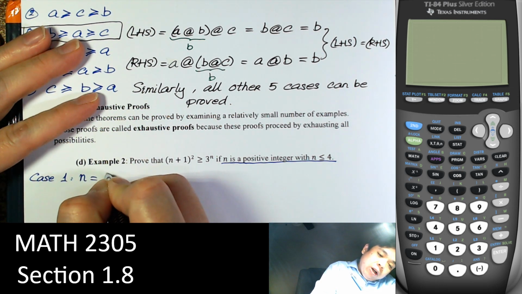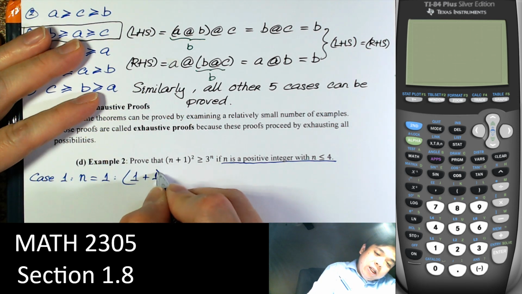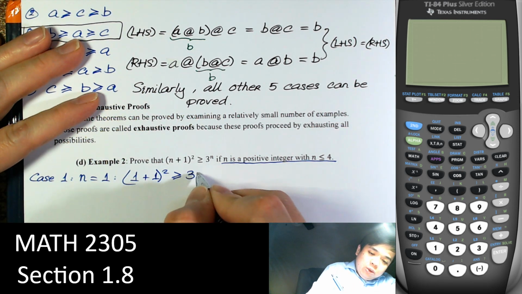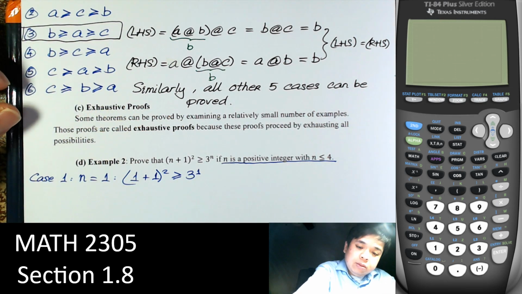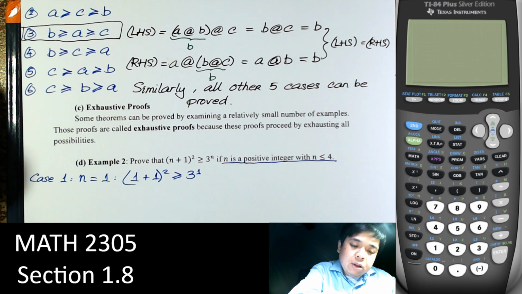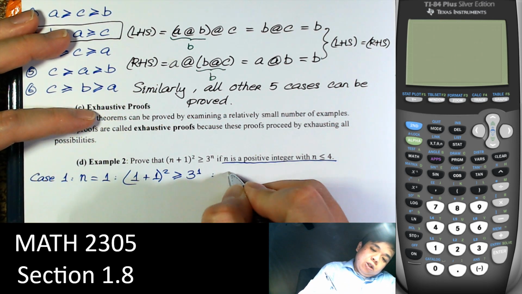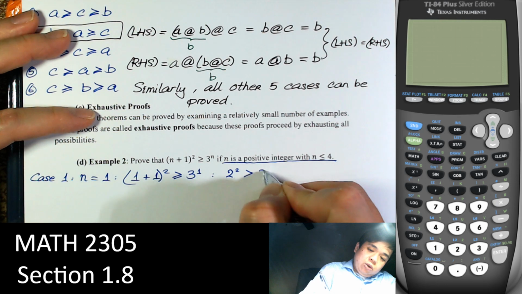So case number 1, n equal to 1. If n equal to 1, we put in here 1 plus 1 squared. Is that greater than 3 to the 1? Right. 1 plus 1 squared is 2 squared. That is greater than 3. So that checks.